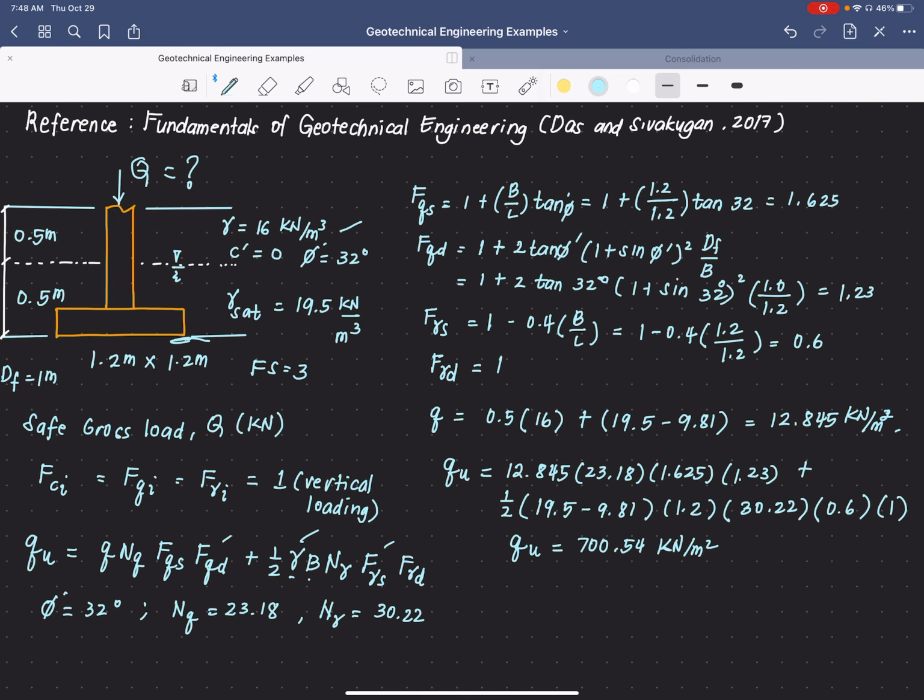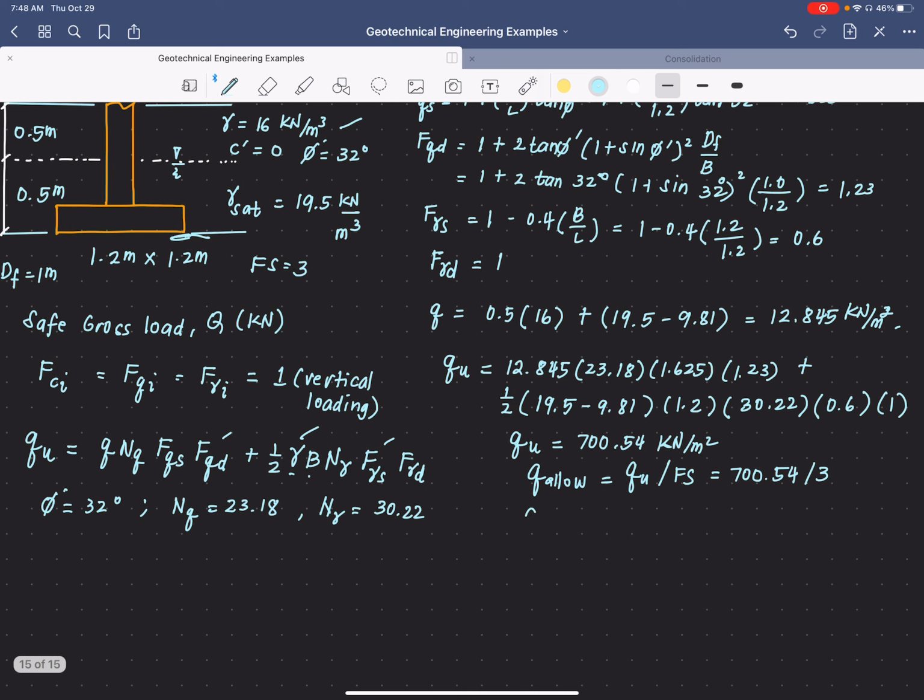And to do that, we'll get first the allowable bearing capacity, which is equivalent to Q sub U divided by the factor of safety, and that would be equal to 700.54 divided by 3, and our Q allowable, or allowable bearing capacity, is 233.51 kilonewton per square meter.